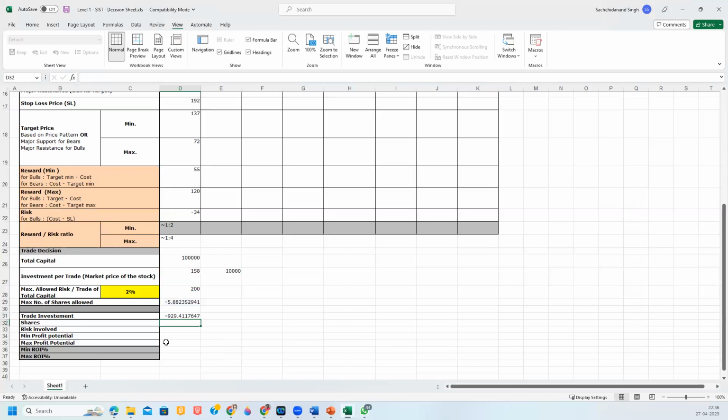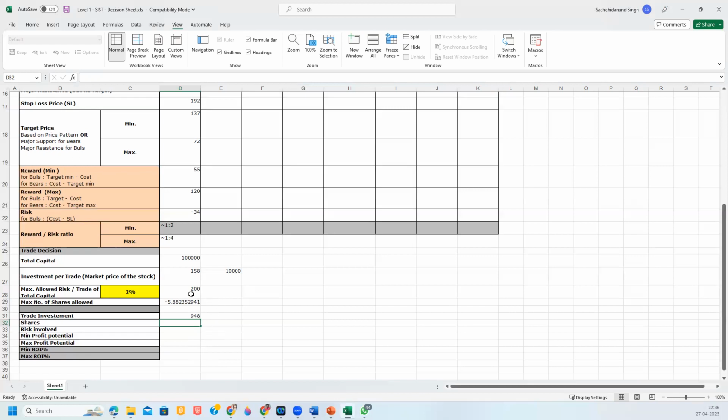So about 929, or roughly 1,000 rupees, will be my maximum investment at this point of time. So the trade investment will become 158 multiplied by 6. But then you are investing only 1,000 rupees, and you wanted to invest 10,000 rupees.